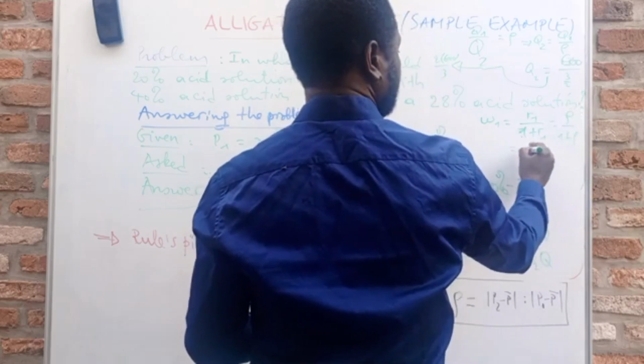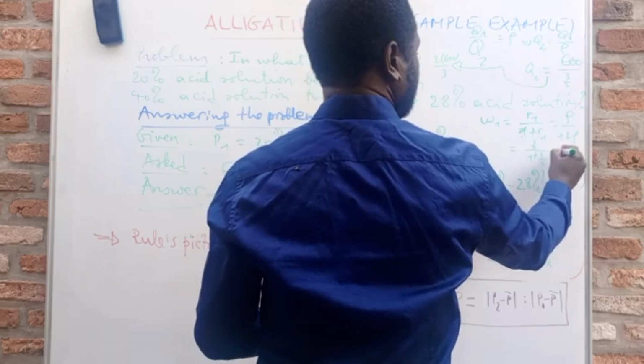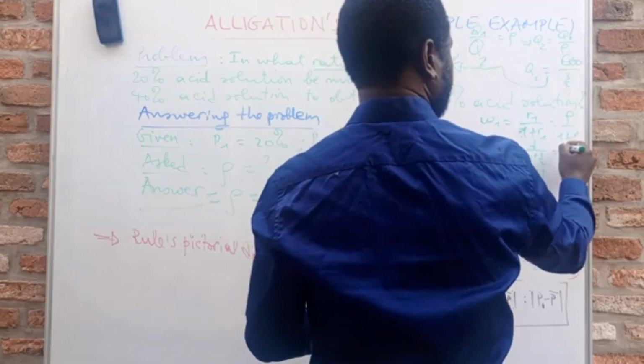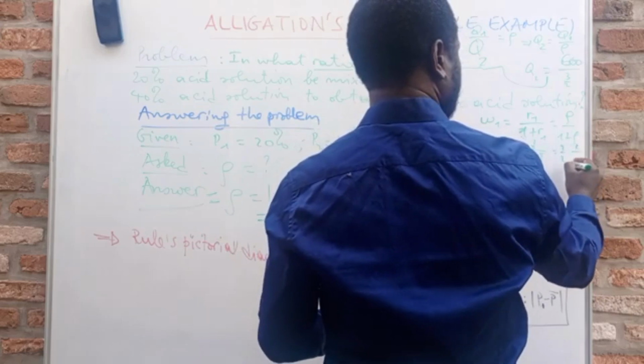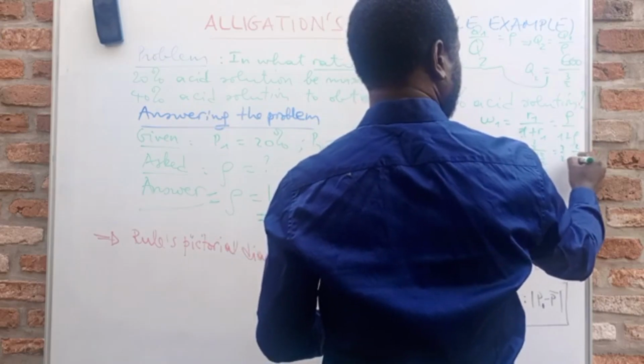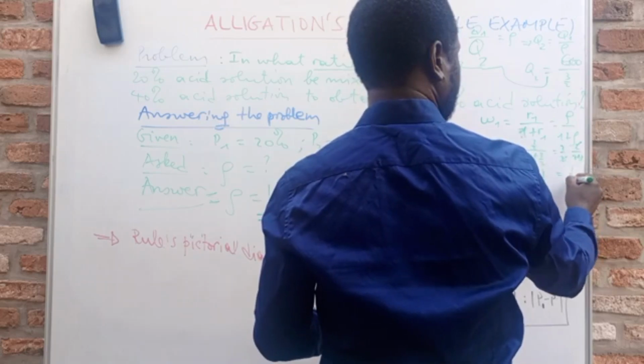So this is equal to 3 over 2 over 1 plus 3 over 2, and this is 3 over 2 times 2 over 2 plus 3. This is, after simplification, 3 over 5.